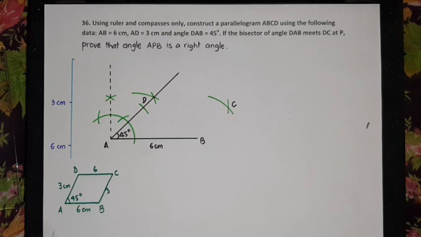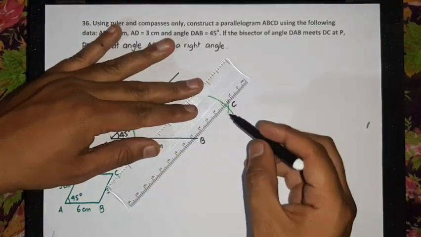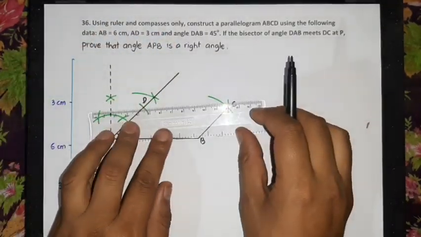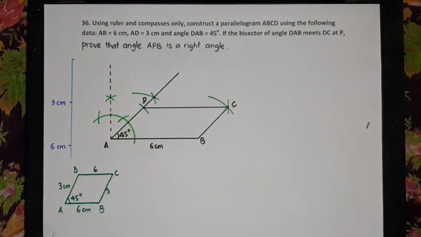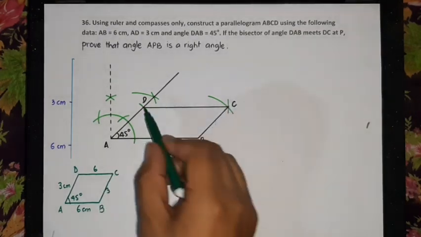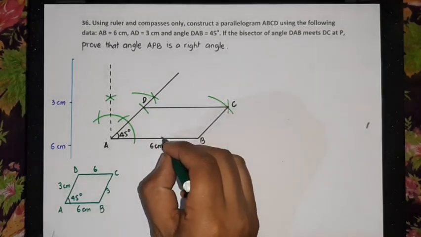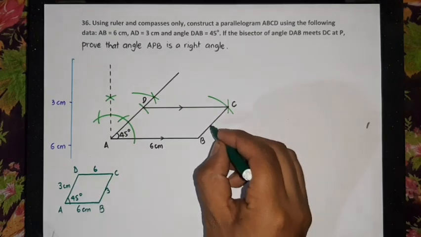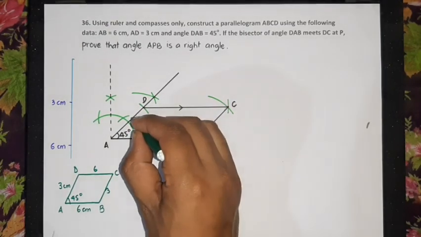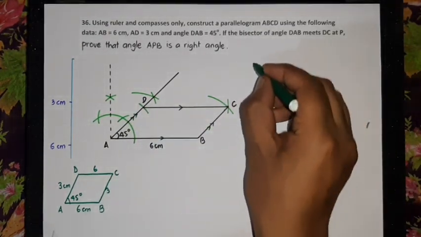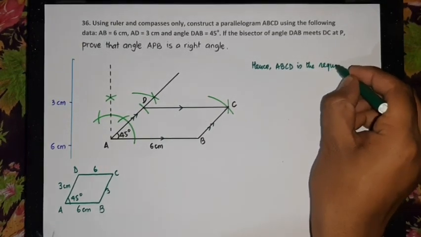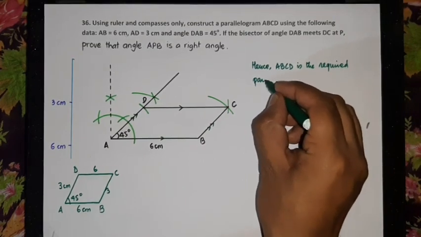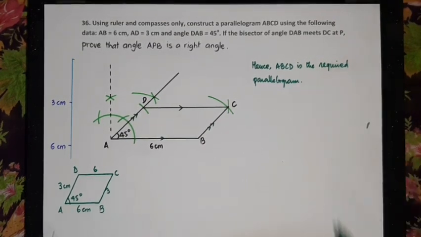So after joining we get a parallelogram ABCD ready with us. Let me draw the parallel sides. So these two are parallel and these two are parallel. Okay, so we have constructed our parallelogram.